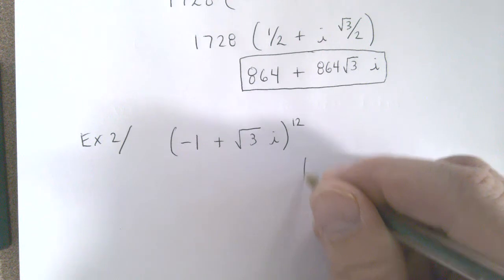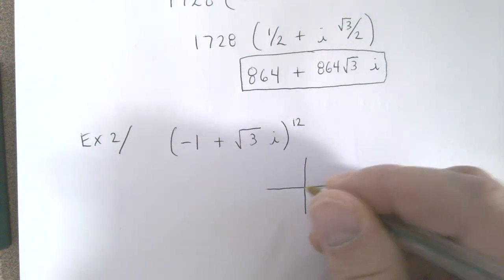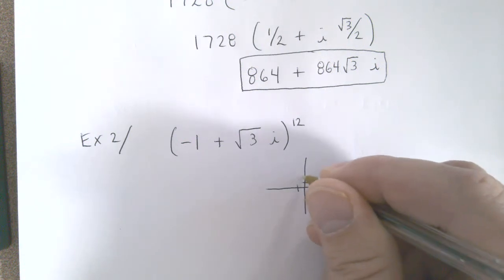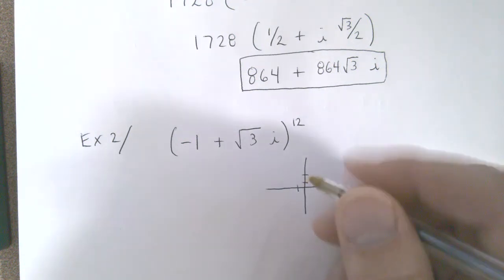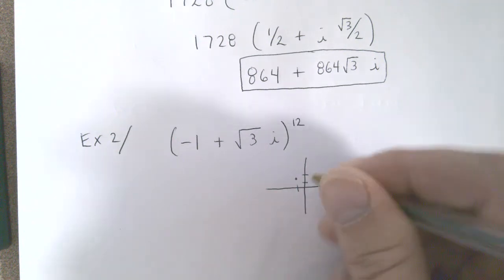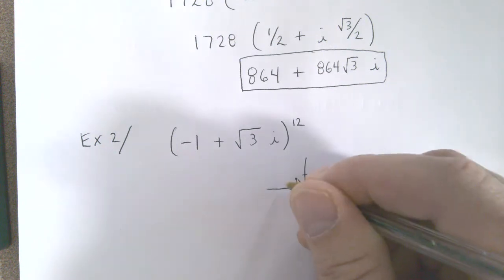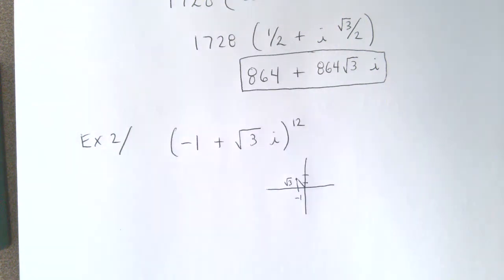We're going to graph it, which when we graph this, negative 1, and we're going to go up radical 3, and draw in our triangle. So negative 1, radical 3.